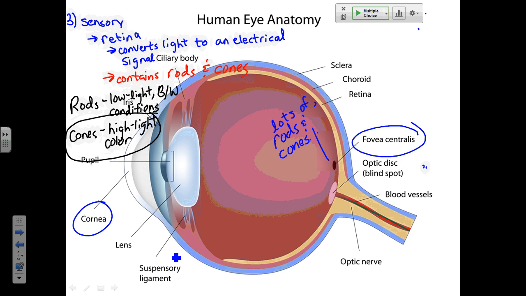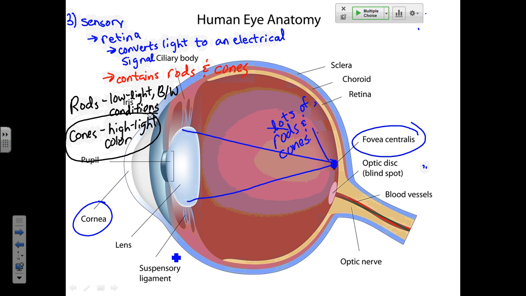Why would you need extra rods and cones at that point on the retina? That's where most of your light is coming. Because if you have light rays that come in, they're going to focus, or actually let me redraw that. They're going to focus at that point. So most of the light is going there. Other light is also on other parts of the retina, but most of the light goes to the fovea, and so you just need more detectors there.